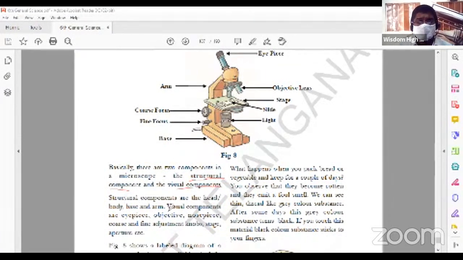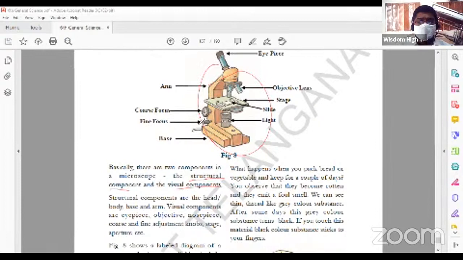What is the help of the structural component? Those coming under the group of structural components are the head or body, total body, base.